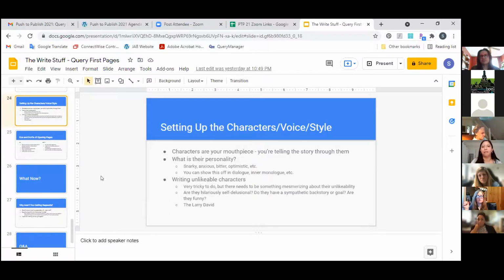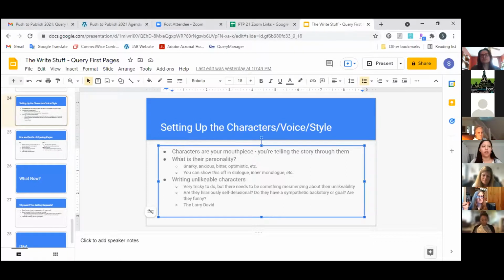I feel like authors feel a lot of pressure to show everything in the first 10 pages because you're really excited about your story. You really want to get the reader in there, but let things take time, let them develop, let them spread out. I often say in stories that everything's going to build on top of each other, so you don't have to worry about throwing everything in there at once. Let everything keep building.